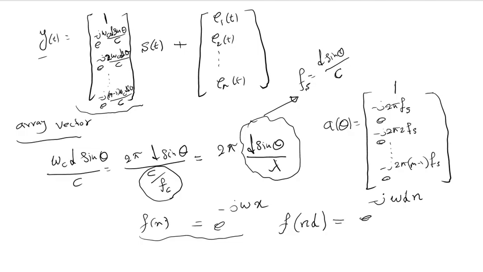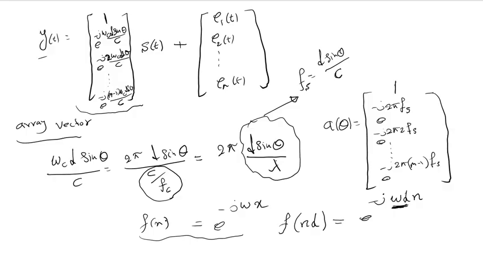And as you see now, omega d is the digital frequency of the signal and must be lower than pi. You know that for a discrete time signal, frequency is limited to pi.